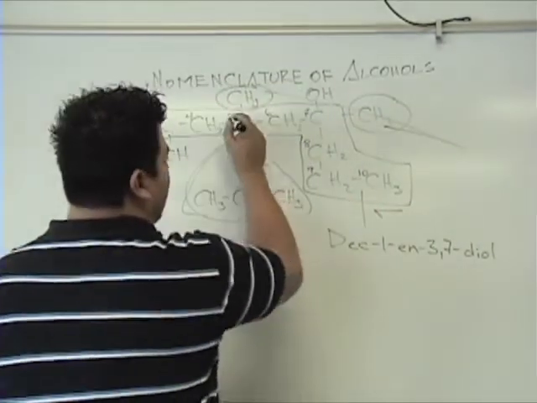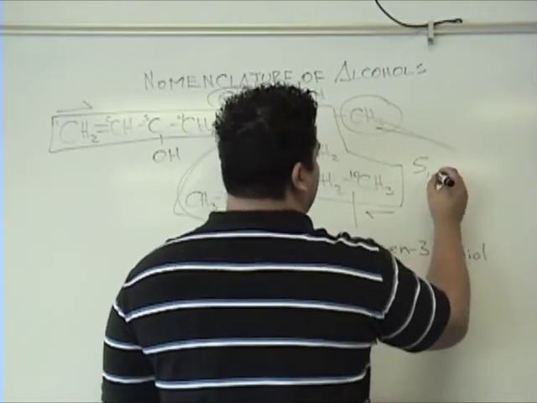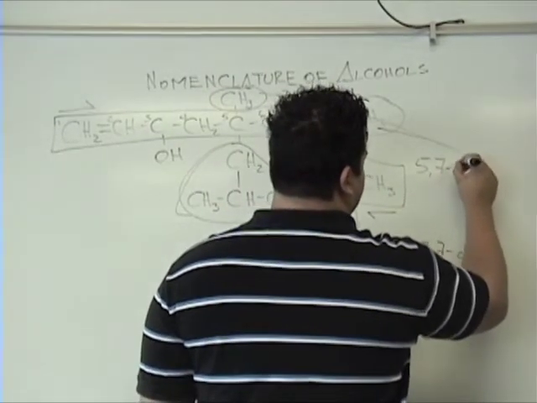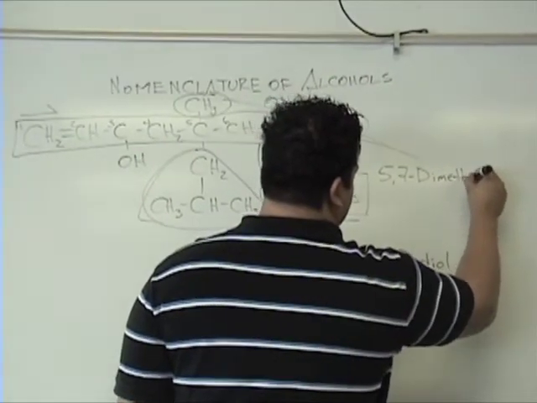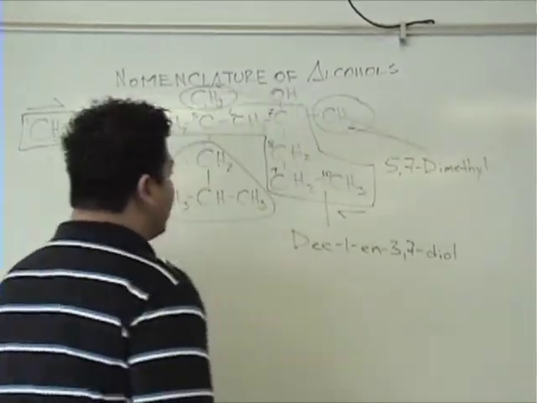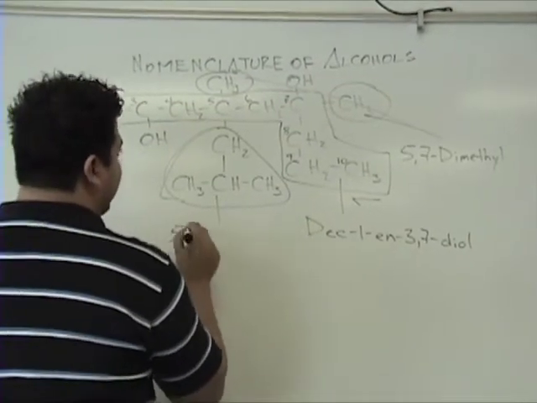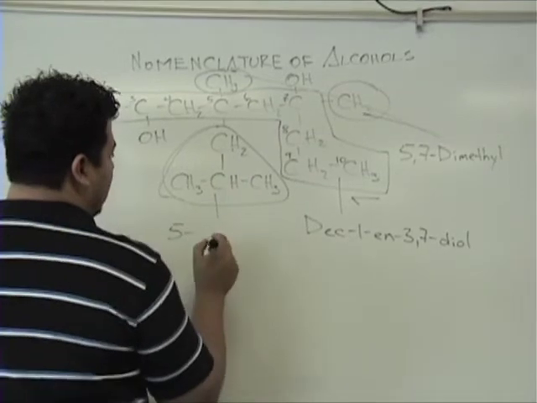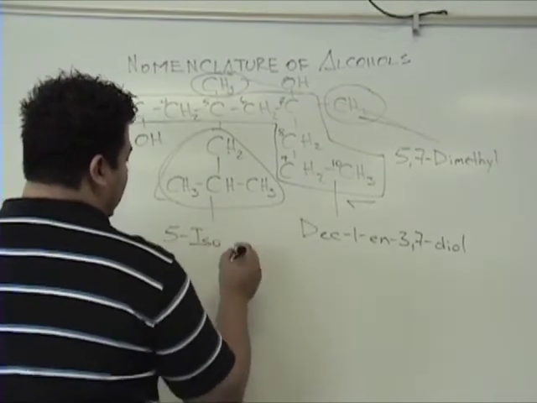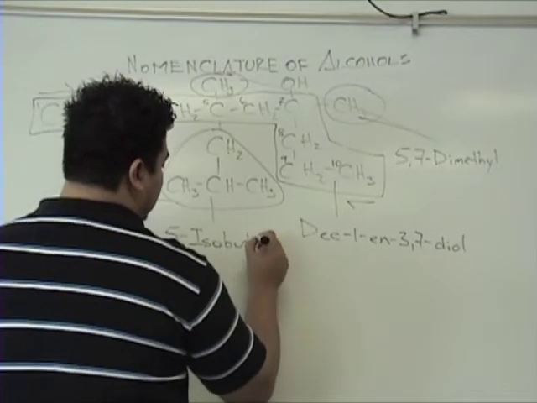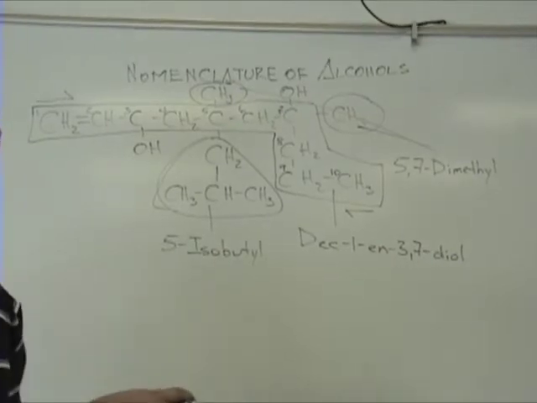I'm going to say in carbon 5, in carbon 7, there is dimethyl, 2 methyls. And this one, I'm going to name it carbon 5, the chain. There is an isobutyl group. So we have all the names.